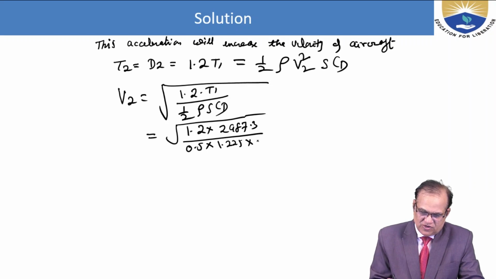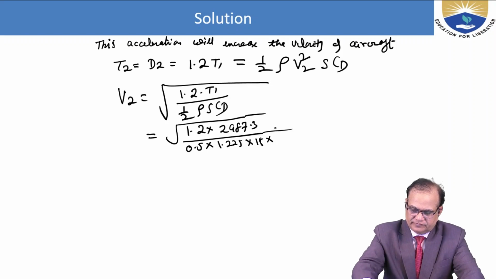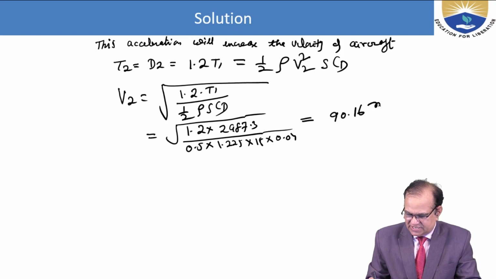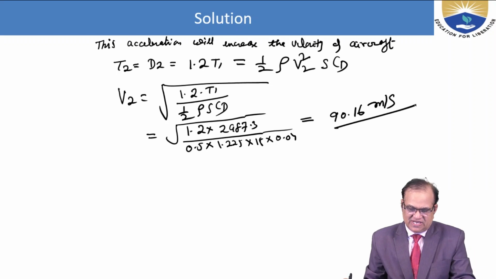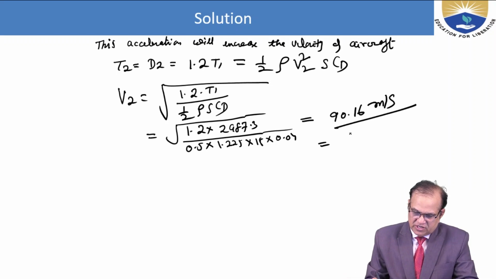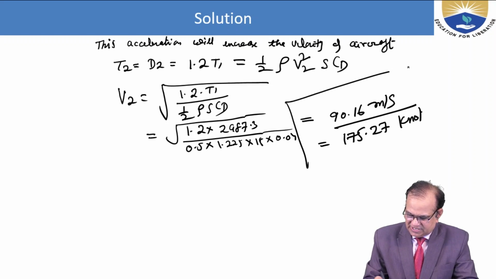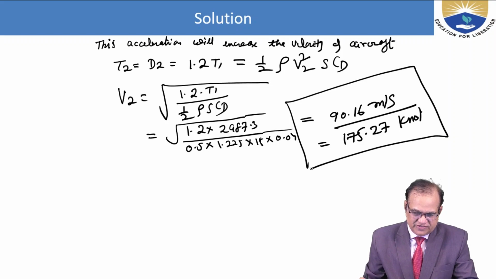S is equal to 18 into CD is equal to 0.04. So you will get this V2 is equal to 90.16 meter per second, or 175.27 knot. So this is the answer for this.